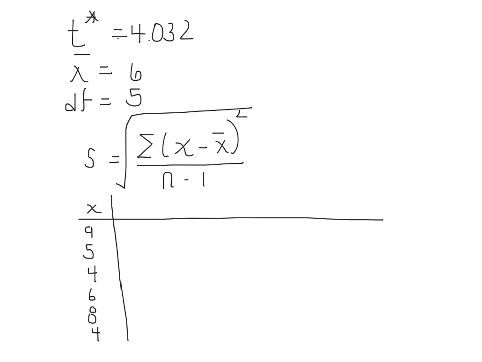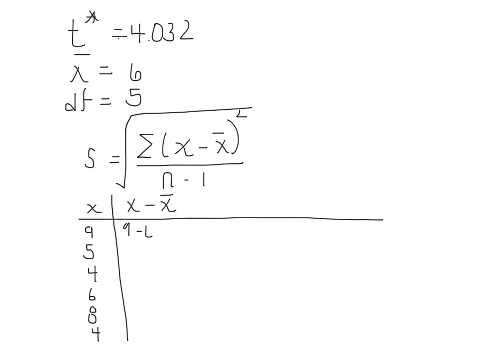We know we have to work from the inside out of a formula. So if there's an operation in parentheses, we need to do what's in the parentheses first. So we need to figure out how different each value of x is from the mean we just calculated, which is 6. So our first value of x is 9.